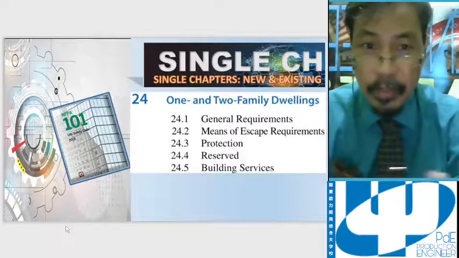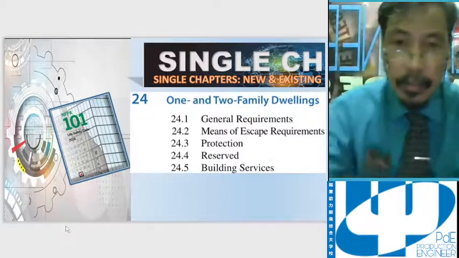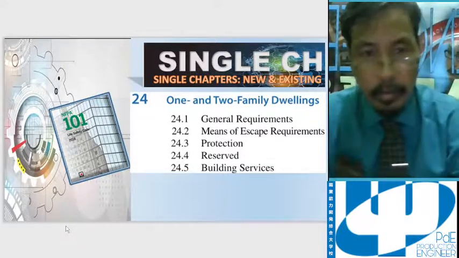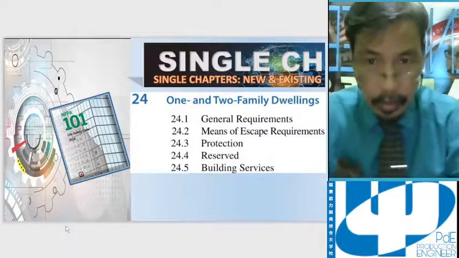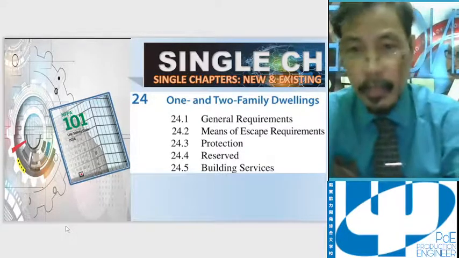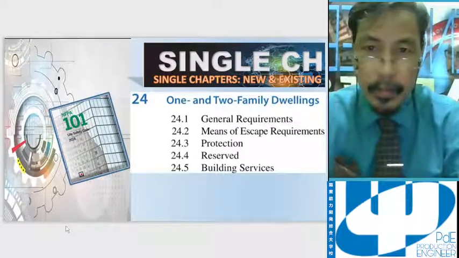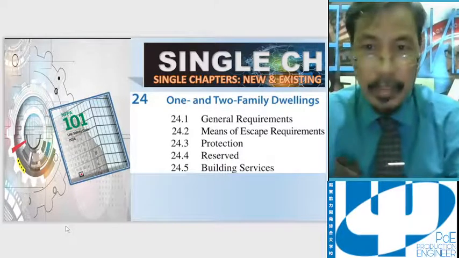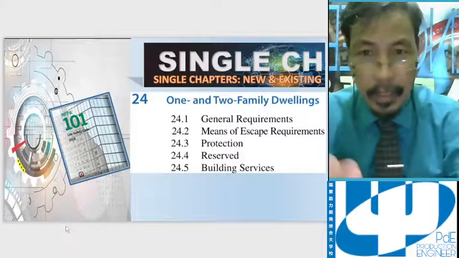Operating features is section 7, diba? So that is what we observe from chapter 24, the 1 and 2 family dwellings: they have fewer requirements for the Life Safety Code.